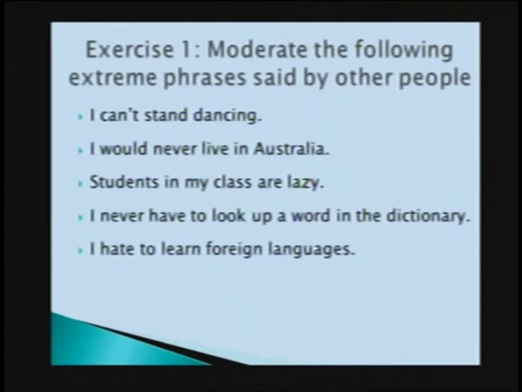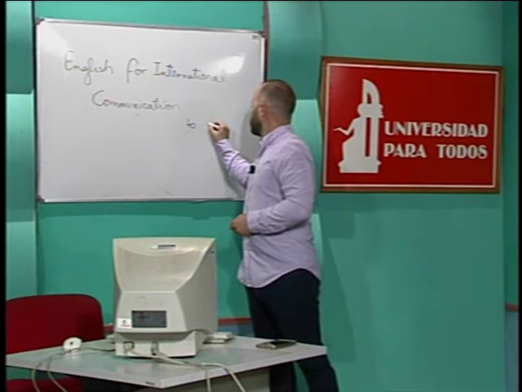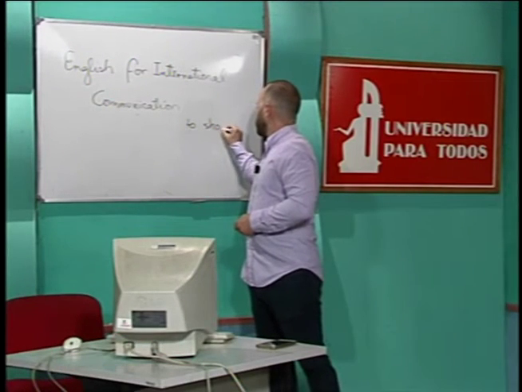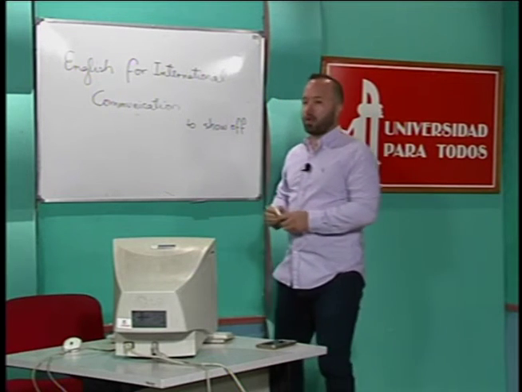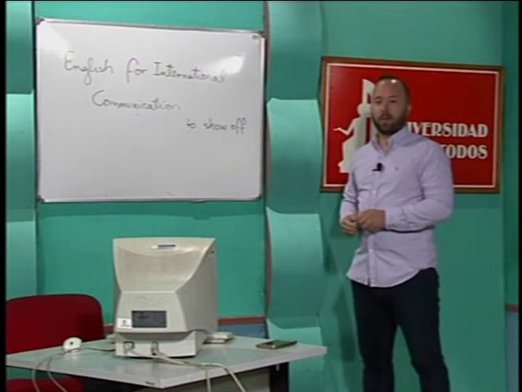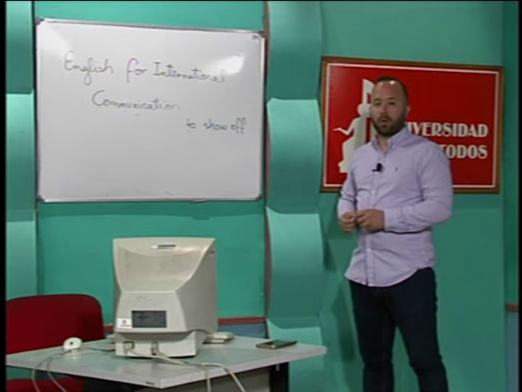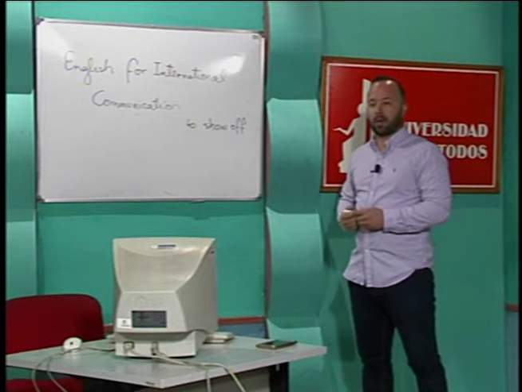La persona que está diciendo eso está como siendo un poco arrogante. ¿Conocen ese verbo? Show off. To show off es un verbo que se utiliza cuando decimos que la persona está siendo arrogante.